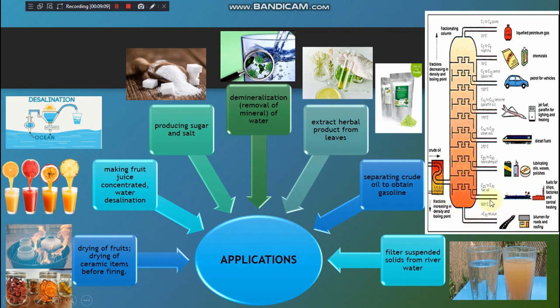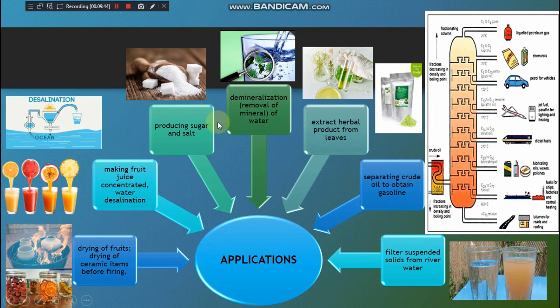To produce bitumen at the bottom, we need to heat the mixture up to 350 degrees C. As you go up the fractionating column, the hydrocarbons have lower boiling points, lower viscosity, meaning they flow more easily, and higher flammability as they ignite more easily. So this is a short description of the crude oil separation process.